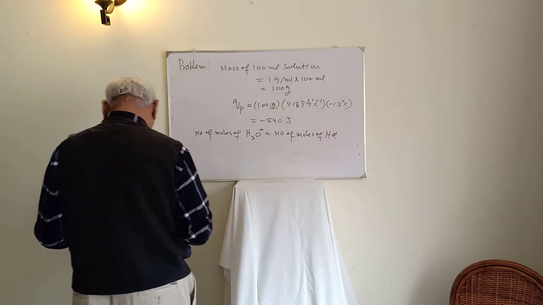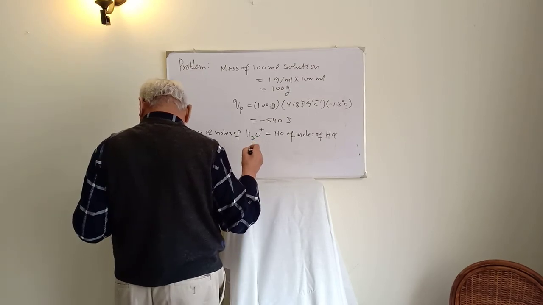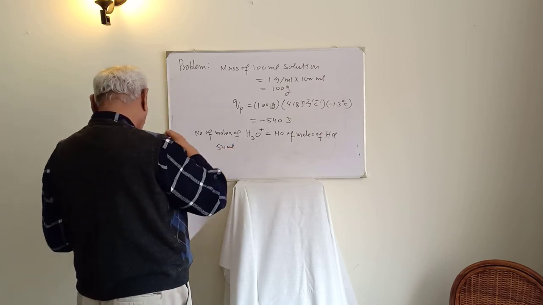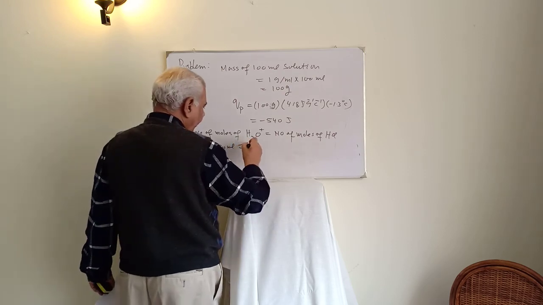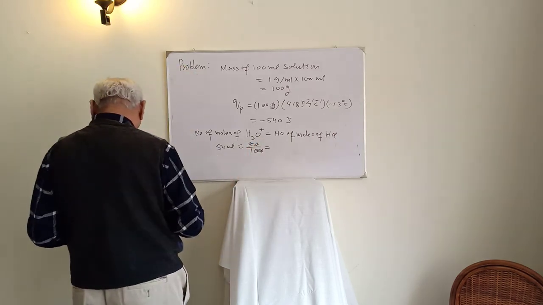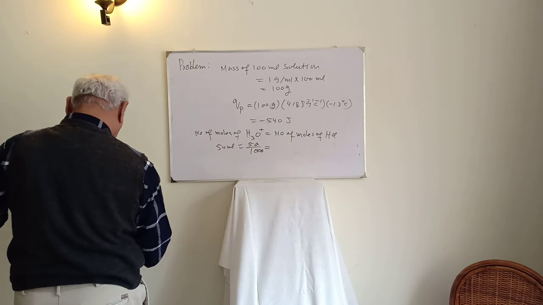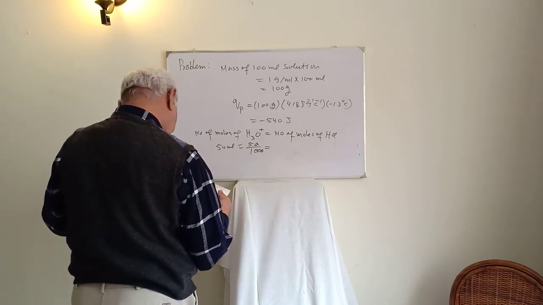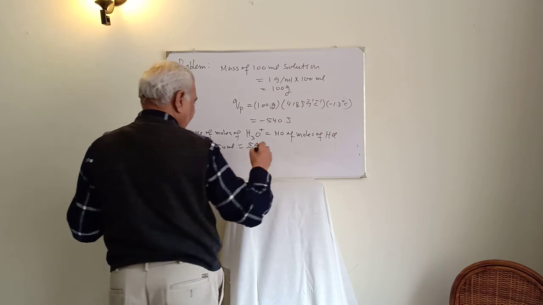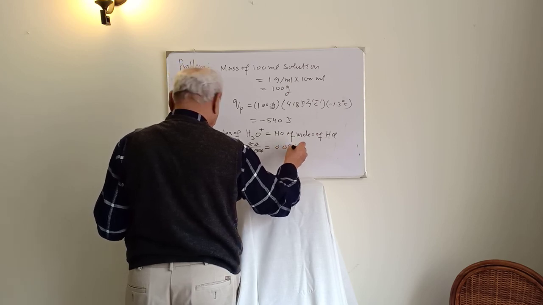Well, so we have 50 ml, which is equal to 50 over 1000, which is equal to 0.05 liter.